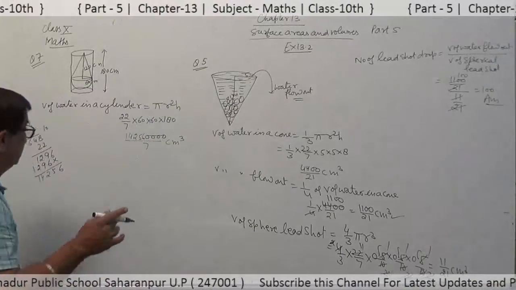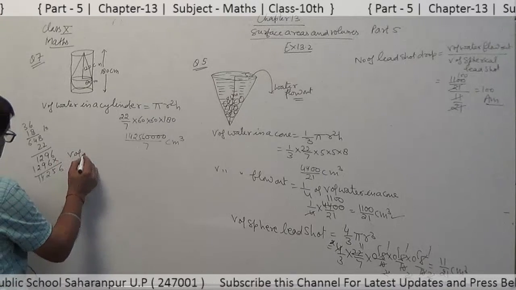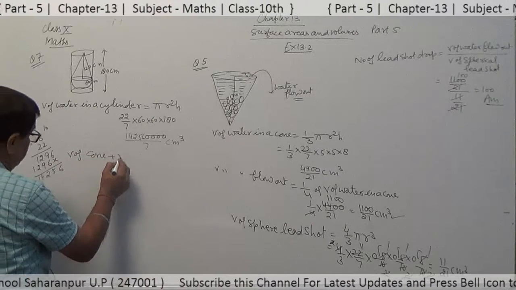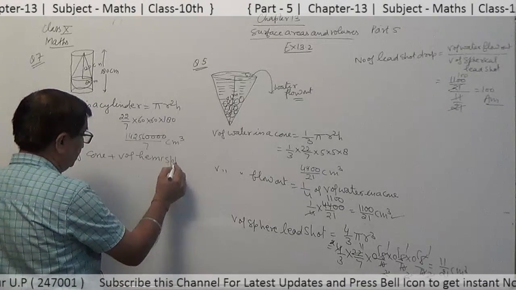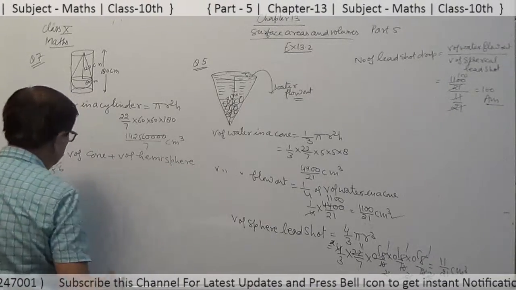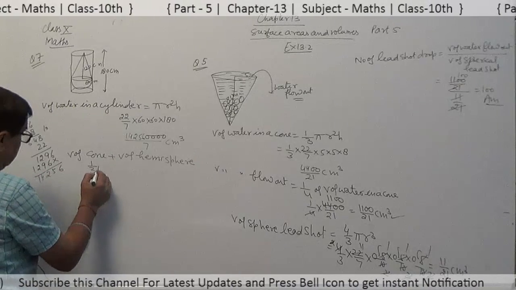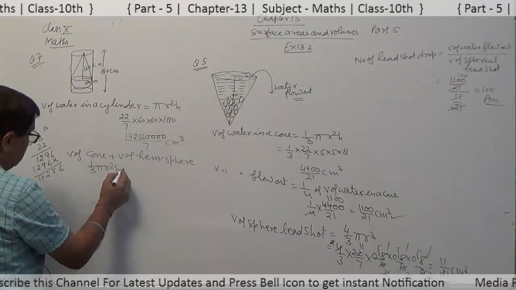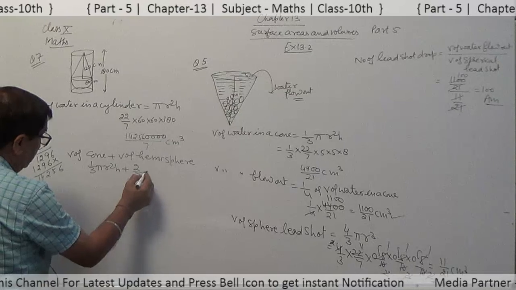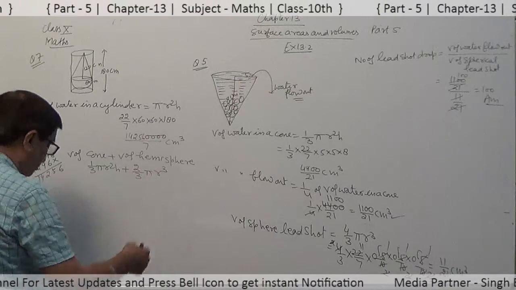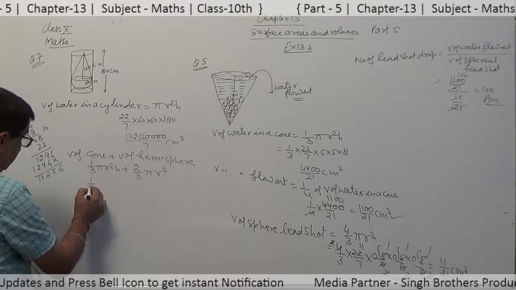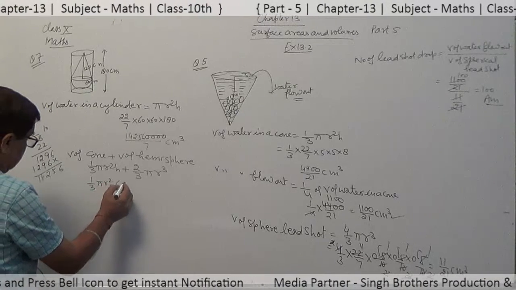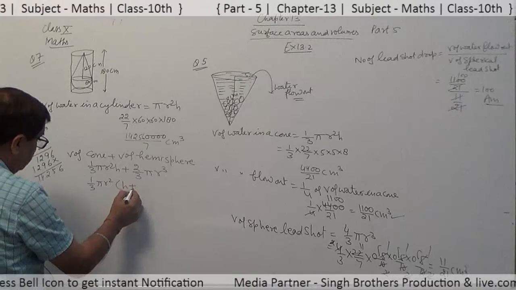Now the volume of cone plus volume of hemisphere is 1 upon 3 pi r square h plus 2 upon 3 pi r cube. Taking 1/3 pi r square common, h plus 2r.